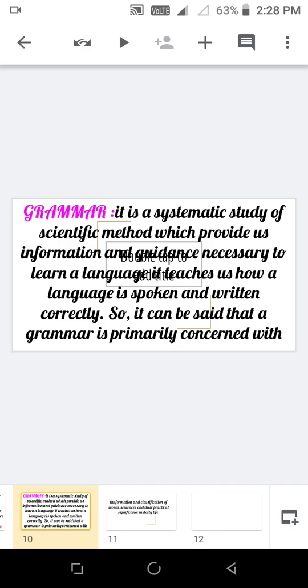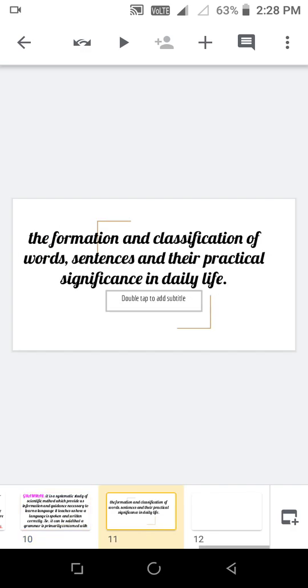It teaches us how a language is spoken and written correctly. So, it can be said that grammar is primarily concerned with the formation and classification of words, sentences, and their practical significance in daily life.